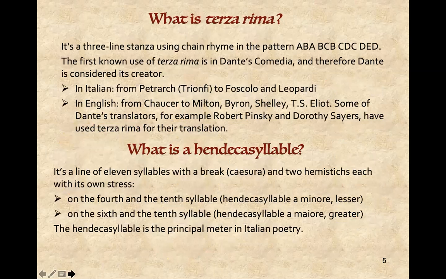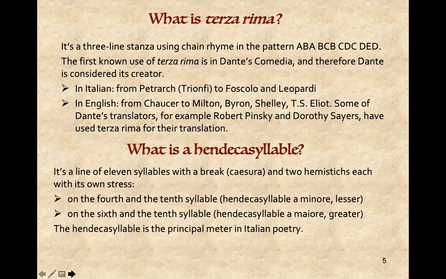Now, what kind of verse is Dante using? Well, Dante decided essentially to invent a form of poetry that never existed before, which is called terza rima, or terzina.